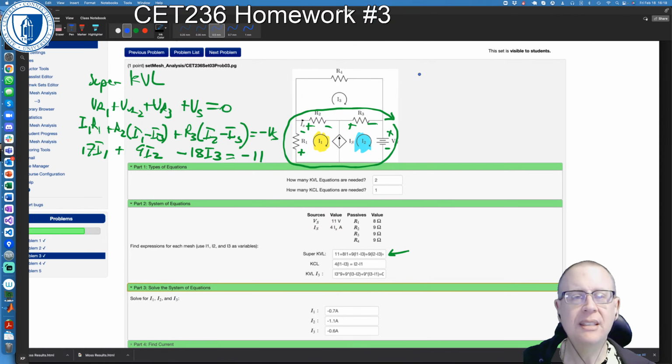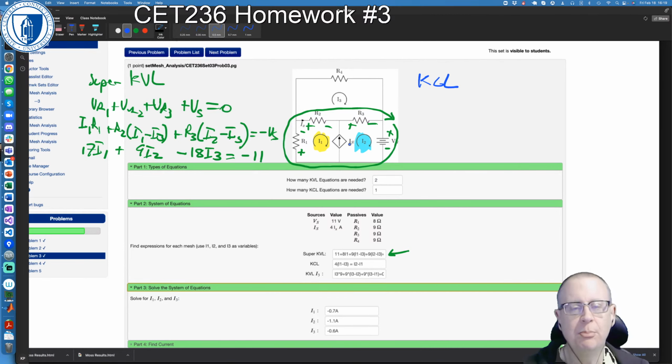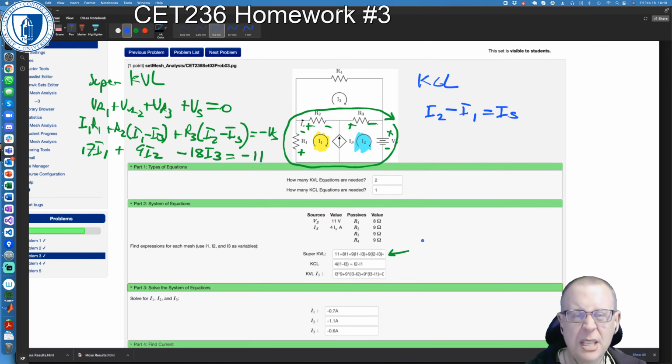The KCL equation, right, is basically we have I2 is flowing in the same direction as IS, so it's going to be I2 minus I1 equals IS. Now the tricky part is that IS is a dependent source, and it's going to be 4 times IX.